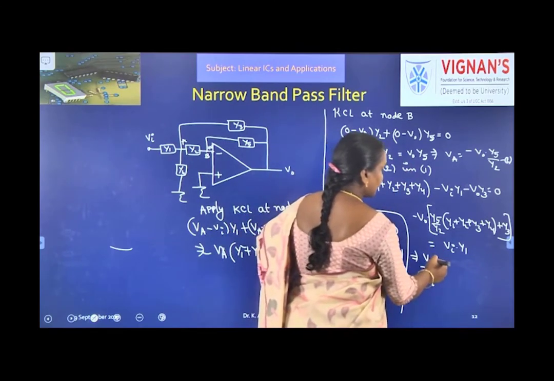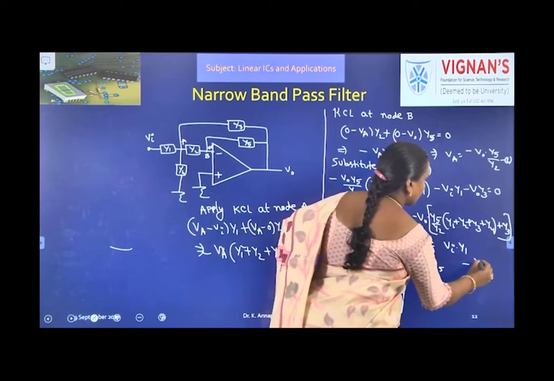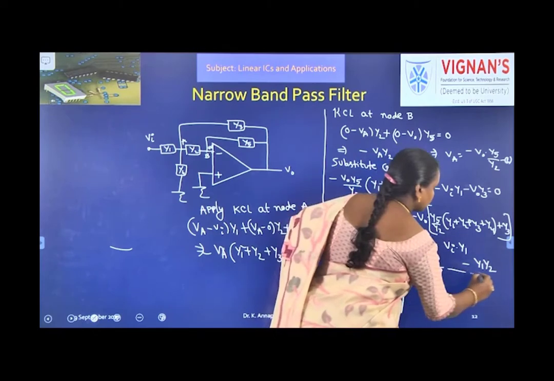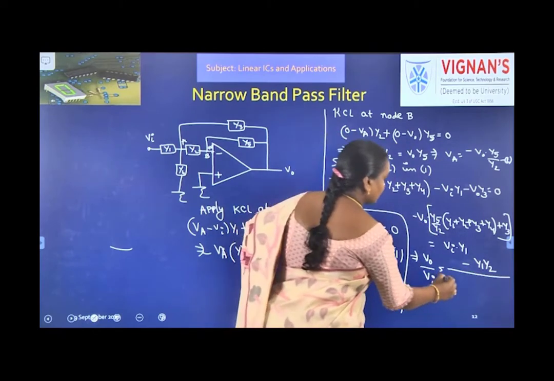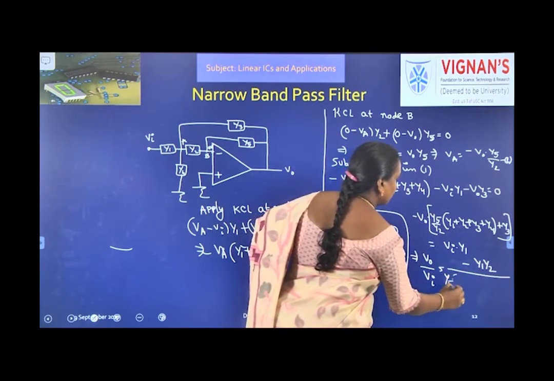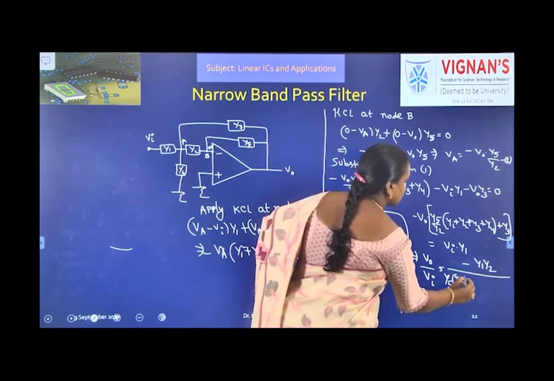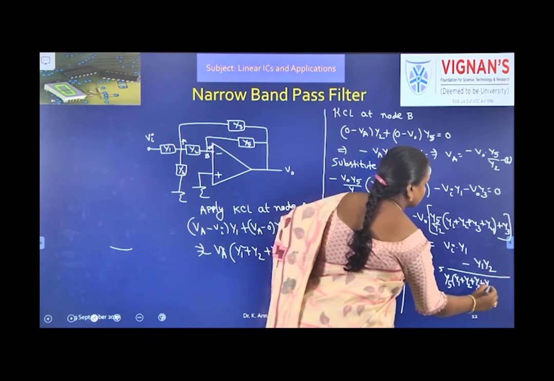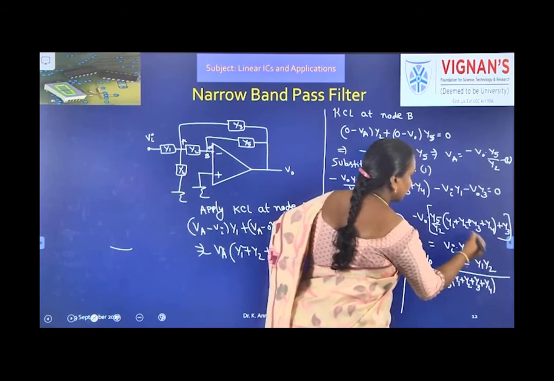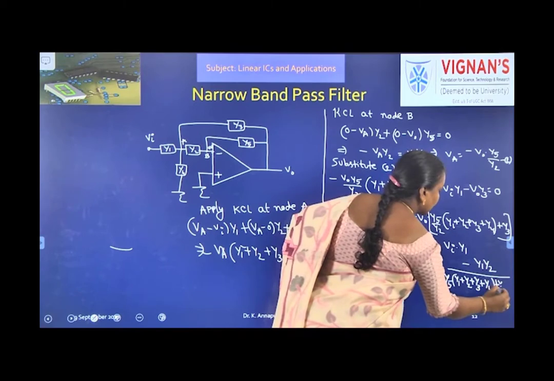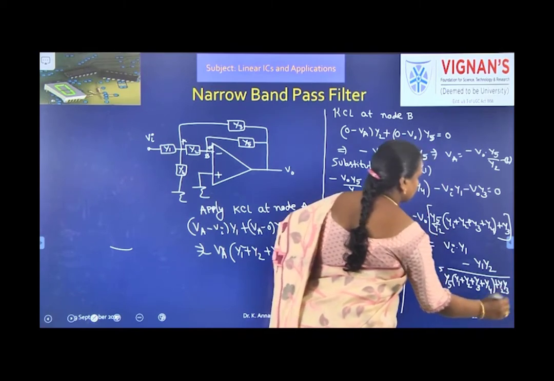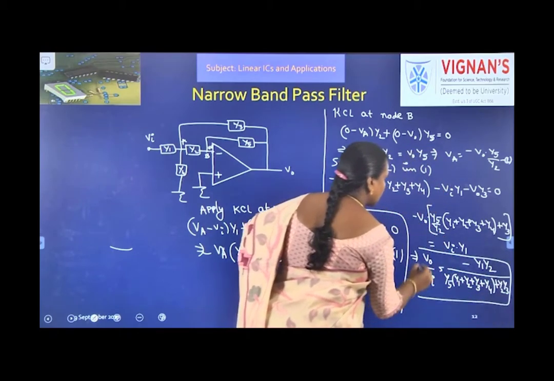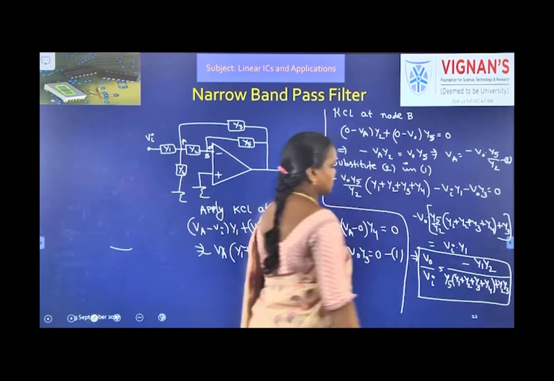So V naught by Vi becomes minus Y1 Y2 by Y5 into Y1 plus Y2 plus Y3 plus Y4, and here Y2 taken common, so it becomes Y2 Y3. So this is the gain expression for general narrow band pass filter.